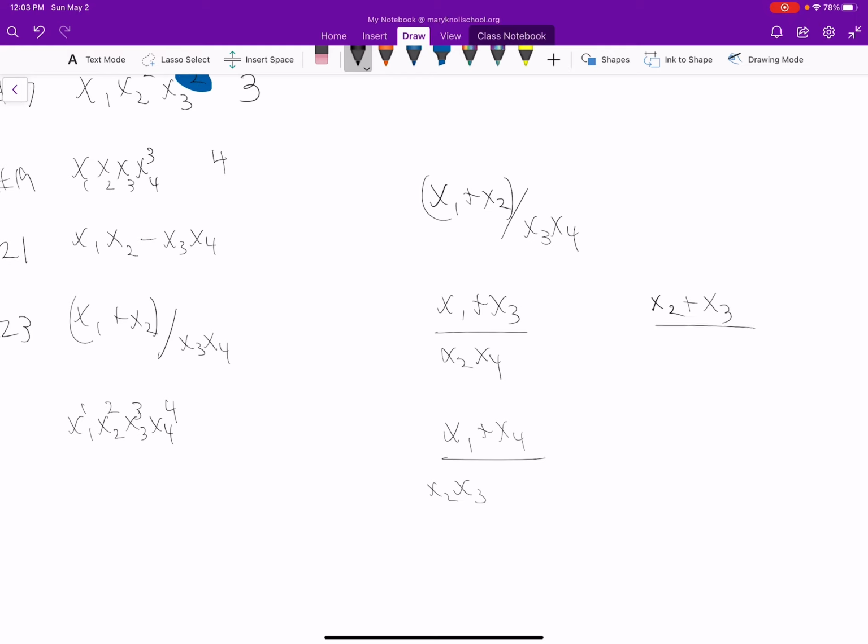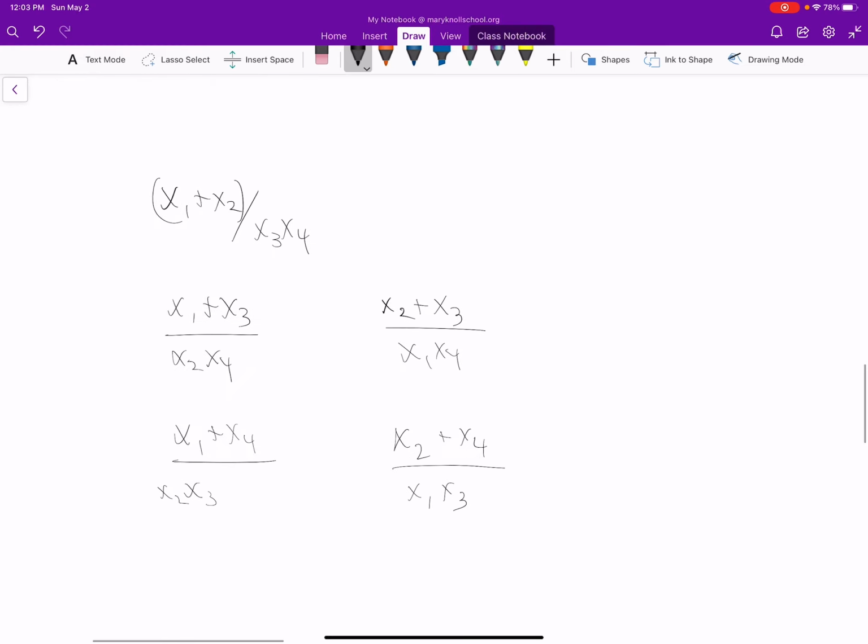We did 1 and 2, 1 and 3, 1 and 4, 2 and 3, and then whatever's left on bottom. So that's going to be x1, x4. Let's put something different with the x2: x2 plus x4, and then x1, x3. That's everything different we can pair with the x2.